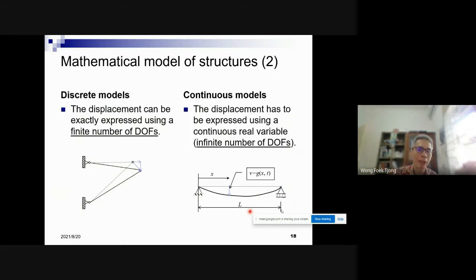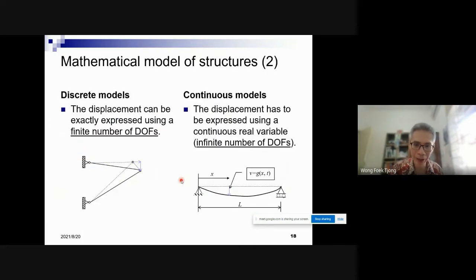How do we express the vibration mathematically using a function? The displacement at any point, for example at a distance x from the left, is a function not only of x but also of time. Because this is a continuous function of x, how many degrees of freedom do we have? For each point, we have degrees of freedom. So this model is a continuous model.